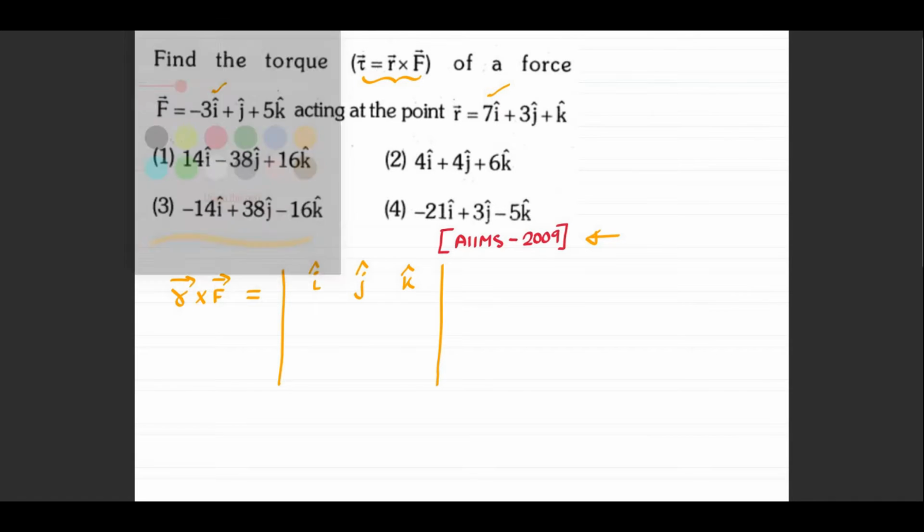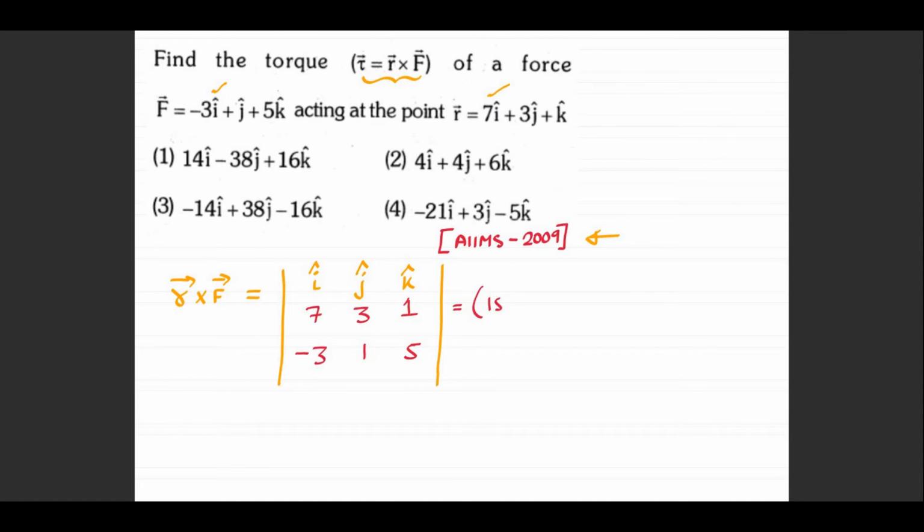R is the first vector, so I will first put the values or components of R. Then I put the components of F. Then it will be 15 minus 1 i cap plus minus 3 minus 35 j cap plus 7 plus 9 k cap.